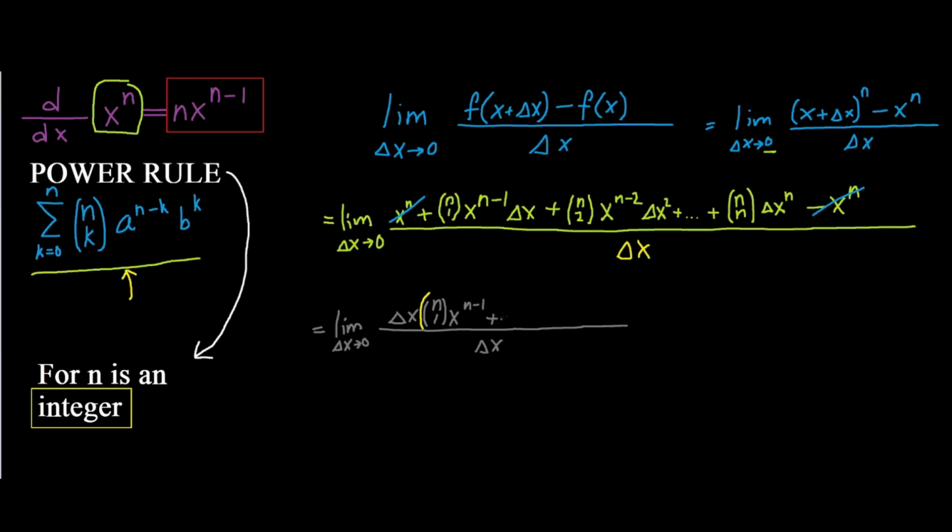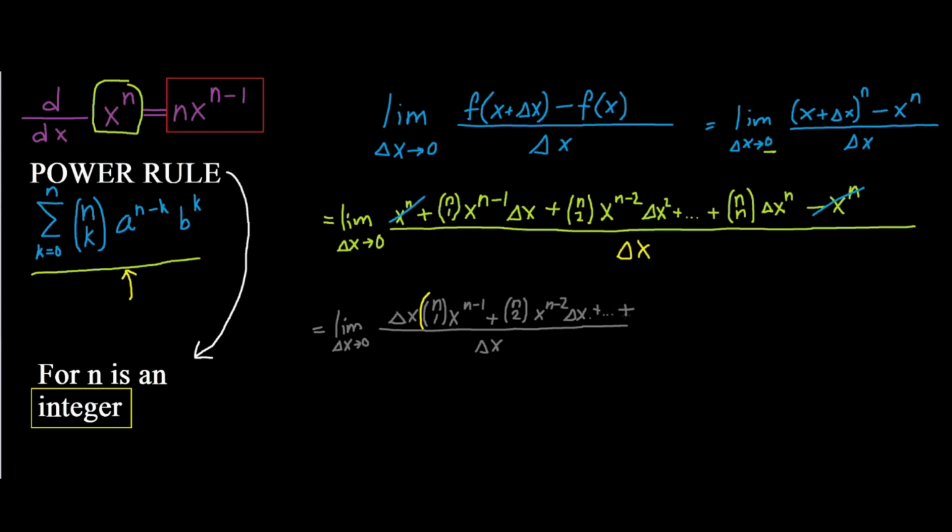And we're going to have plus n choose 2, x to the n minus 2, delta x, because it's not delta x squared anymore, it's just going to be delta x because we factored out that other delta x. And this is going to go on forever, or for n times.